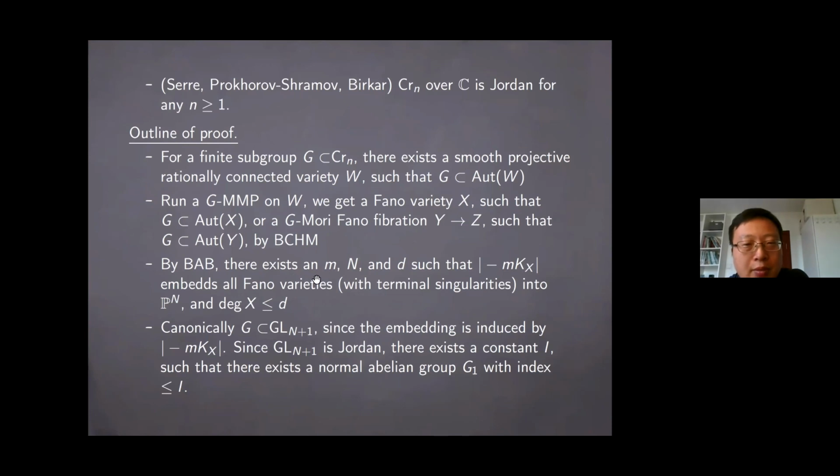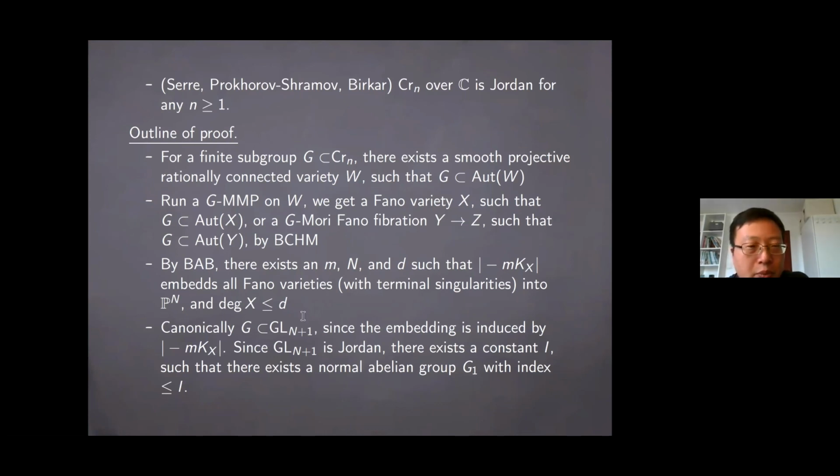So there exist some m, N and degree D such that the multiple of negative K embeds all Fano varieties into a big projective space P^N with bounded degree, the degree of X being less than or equal to D. In this case it is an anti-canonical embedding, and the automorphism group of X is the restriction of automorphisms of P^N to its image.